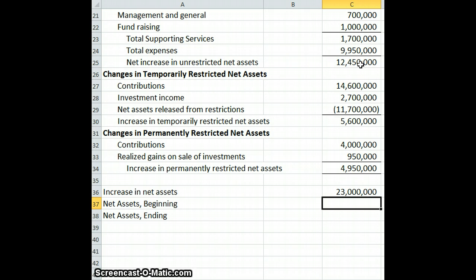Our beginning net assets we have calculated: $3 million of unrestricted net assets from our beginning, our temporarily restricted net assets of $9,400,000, plus our permanently restricted net assets of $22 million. That gives us our beginning of $34,400,000. We add that to our $23 million, so our ending net assets are $57,400,000.